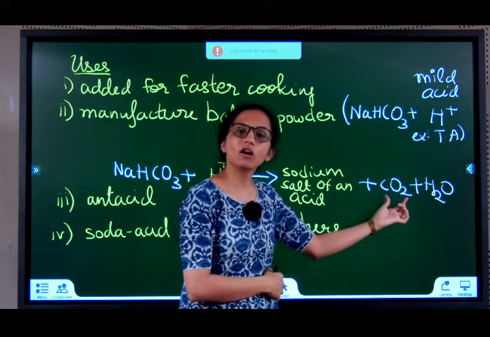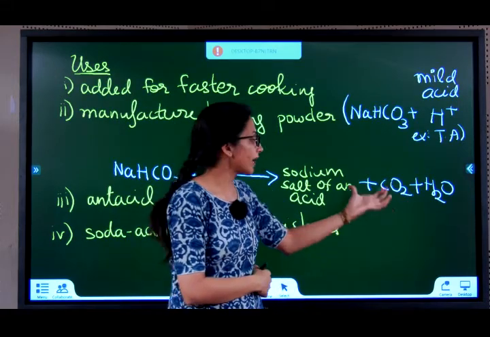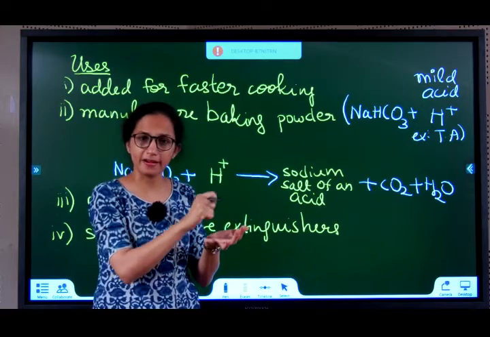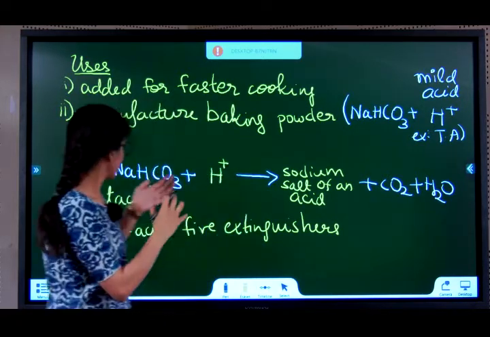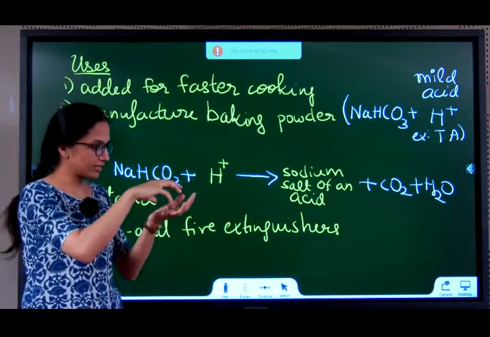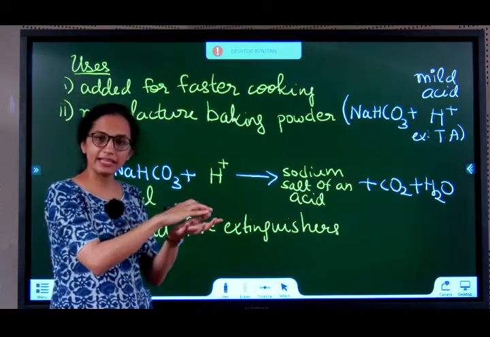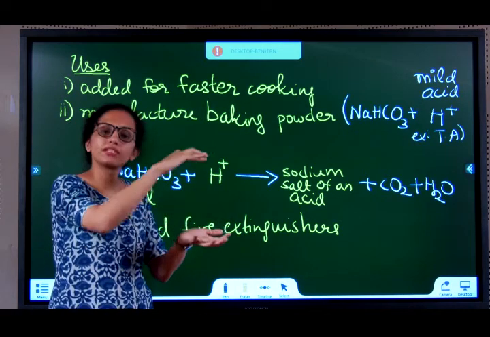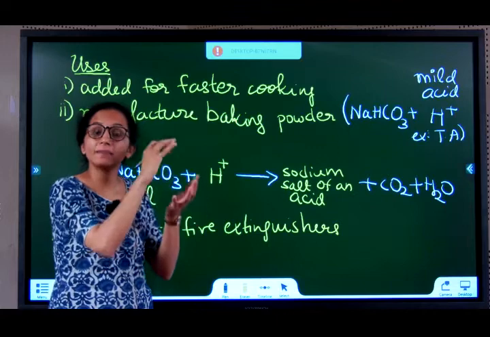This carbon dioxide itself makes your bread porous. Understand? When I make the batter of the bread, I have sodium hydrogen carbonate and acid in it, this tartaric acid. Once you start heating the bread, what happens? The bread bloats up. There are holes in the bread. It becomes spongy.